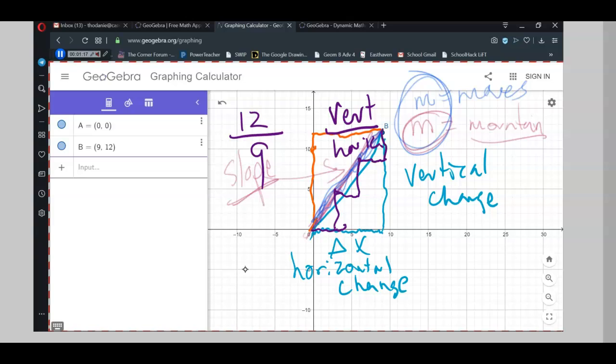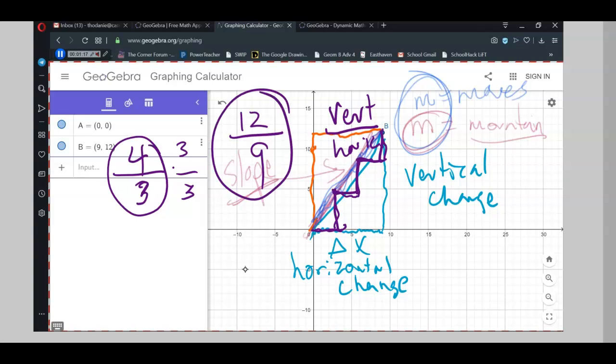And you say, wow, you went up 4 over 3, and then you just did that 3 times. So now we see how 4 over 3 is the same rate as 12 over 9, just repeated 3 times.